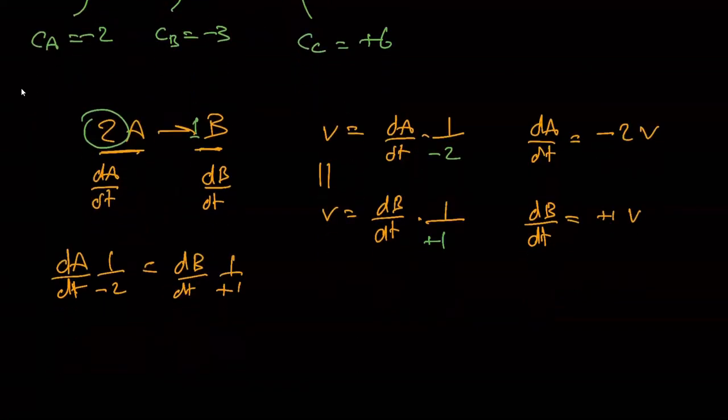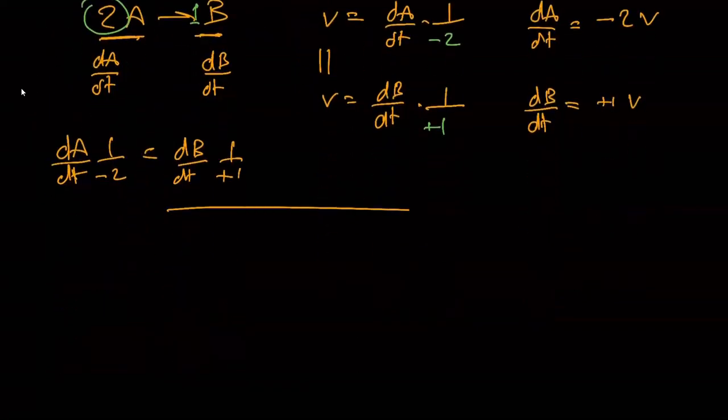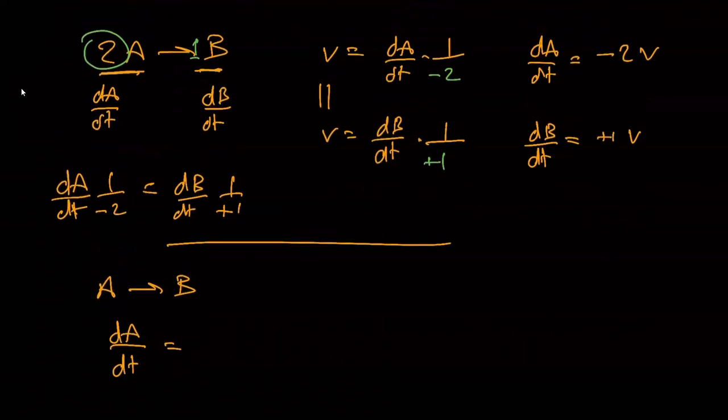Okay. So for somebody who wants to build a computer model of this reaction here, what they would do is they would write a differential equation. They would write dA by dt equals, now the stoichiometric coefficient for A is -1, okay? So C_A equals -1.